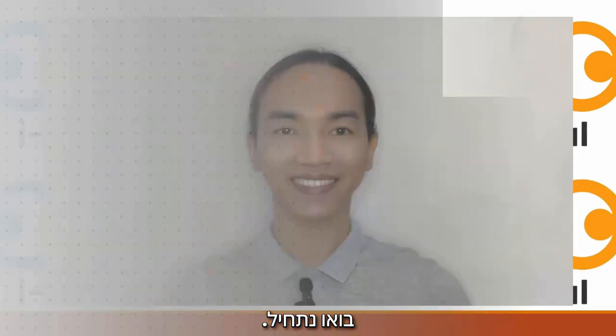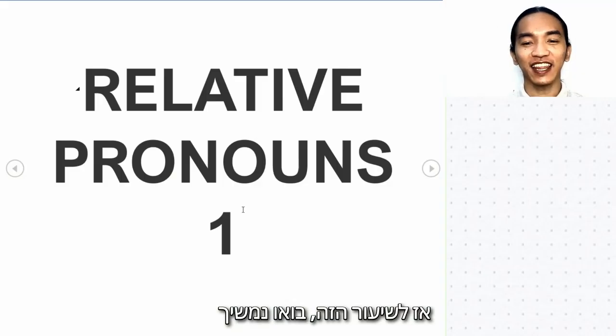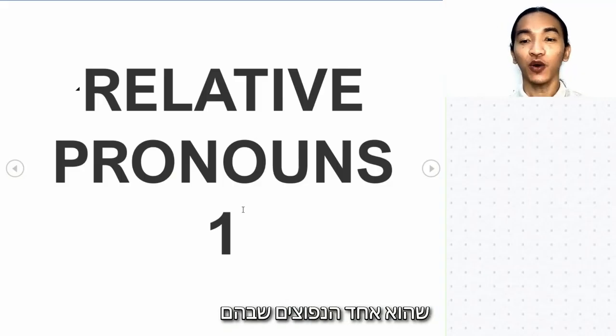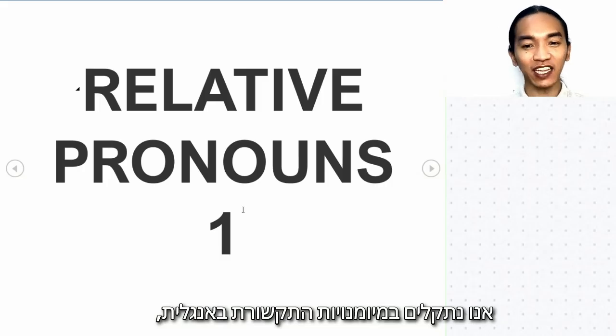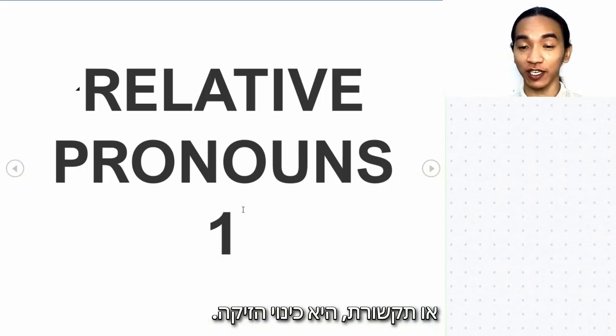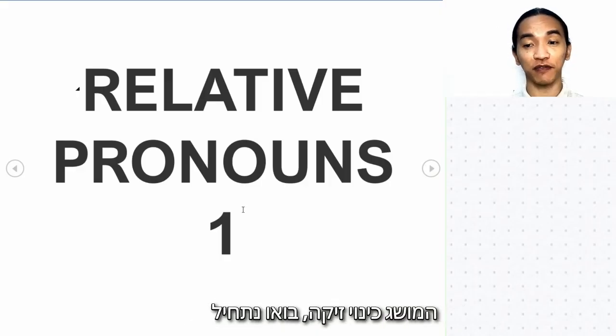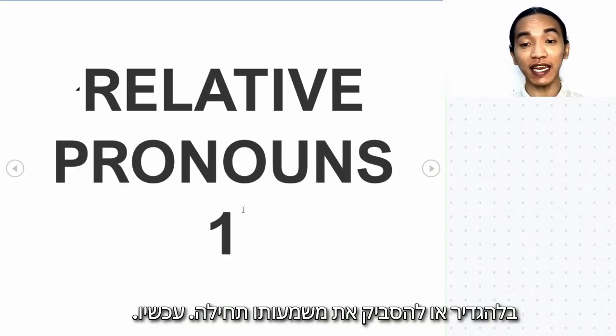Let's go. For this lesson, let's move on to another type of pronoun, one of the most common ones that we encounter in English communication, the relative pronoun. To better know the concept of the relative pronoun, let's start by giving its meaning first.